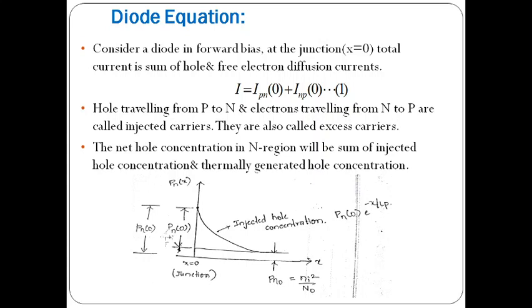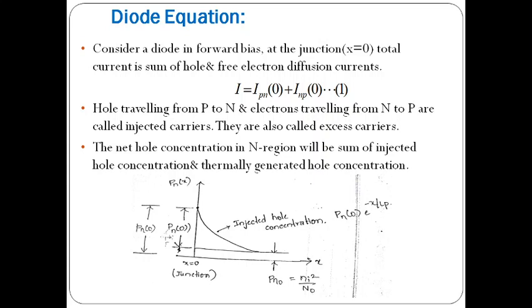Capital Pn of 0 is nothing but the carriers at x equals 0 ready to inject into the N region. So the total hole concentration in the N region will be the sum of injected hole concentration and thermally generated hole concentration.